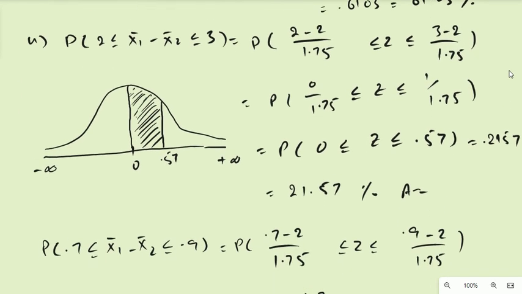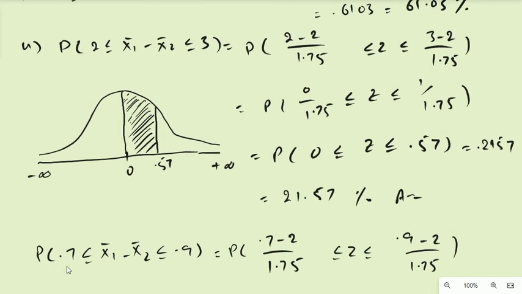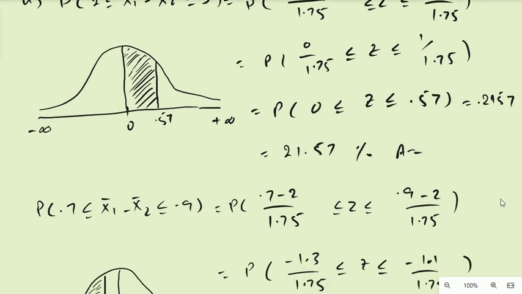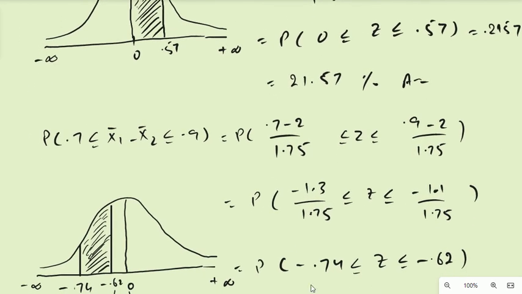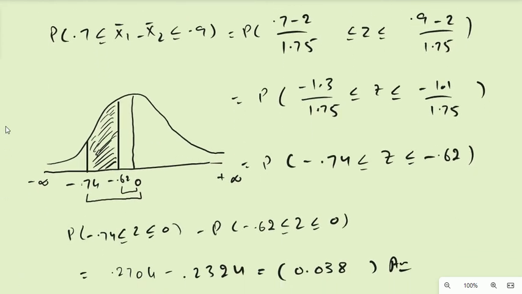Next part is you need the area between 0.7 and 0.9. This is the minimum limit and this is the maximum limit, which if you put in the standardization, you get two limits which are equal to minus 0.74 and minus 0.62. So, minus 0.74 is the minimum limit and minus 0.62 is the maximum limit.